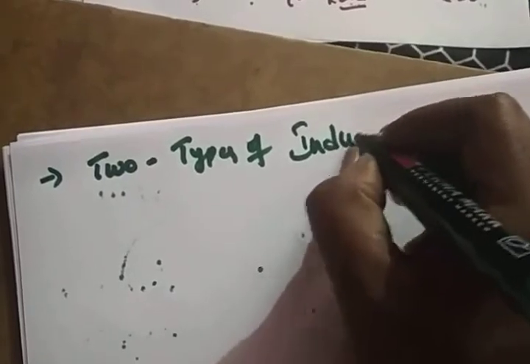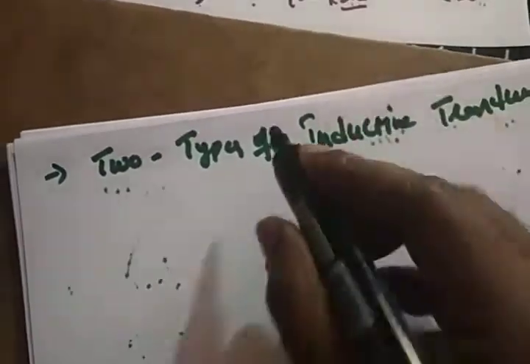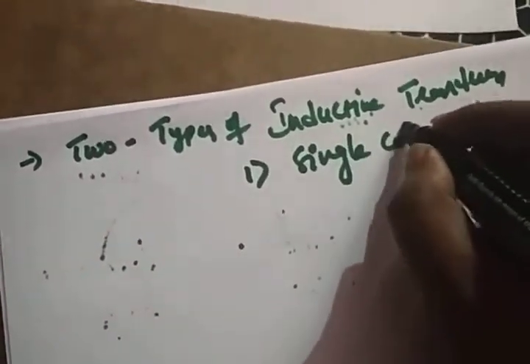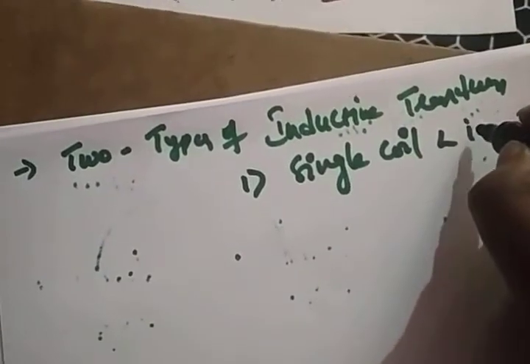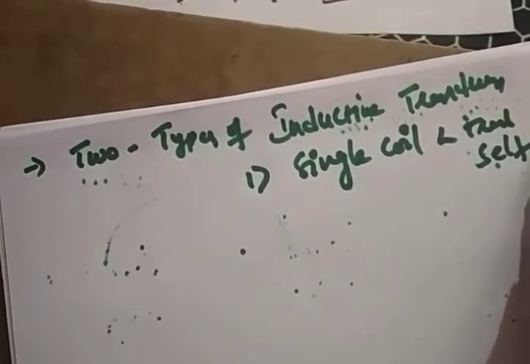There are two types of inductive transducers. One is the single coil inductive transducer, which we can call a self-inductive transducer.